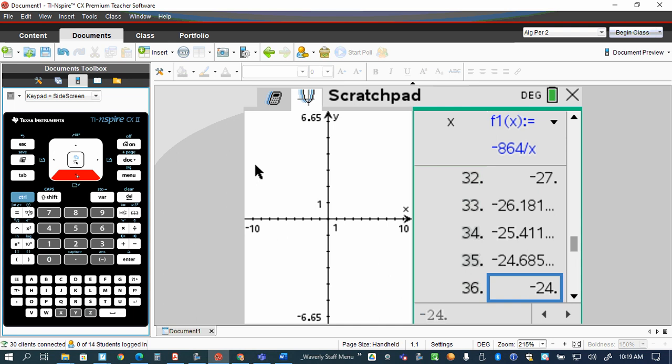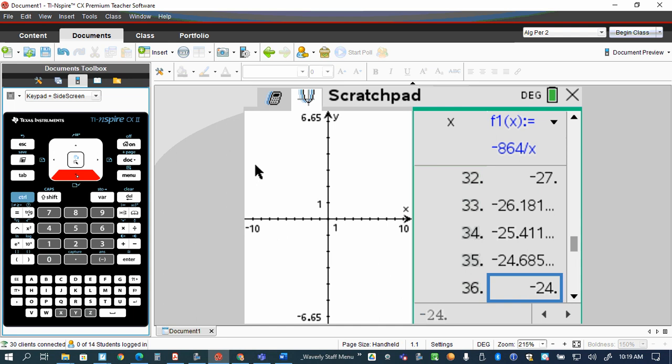Do you get this trick? If I have x times y equals negative 864, that means y equals negative 864 divided by x.